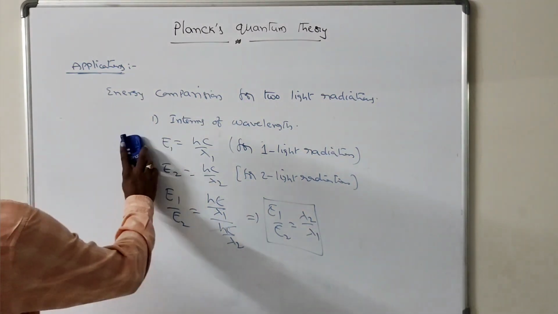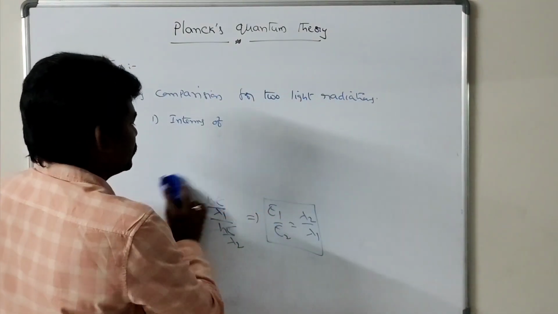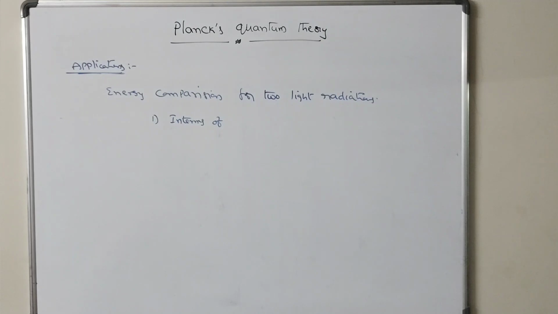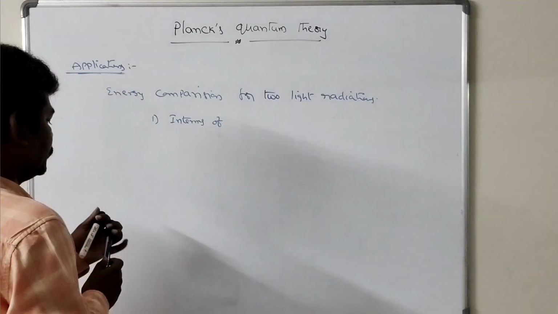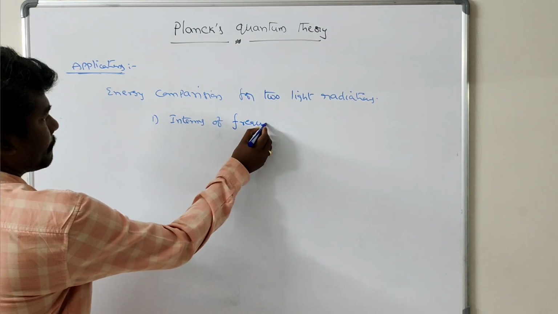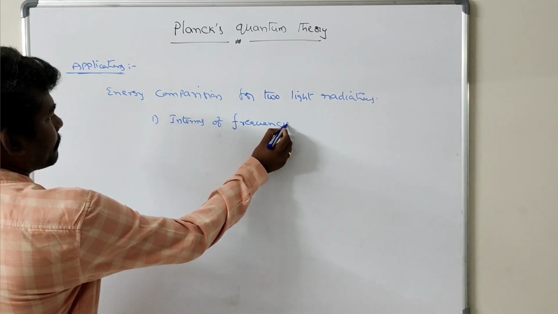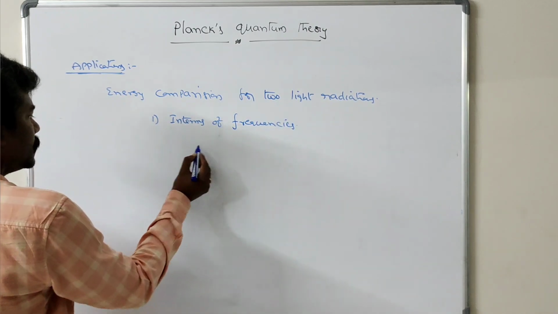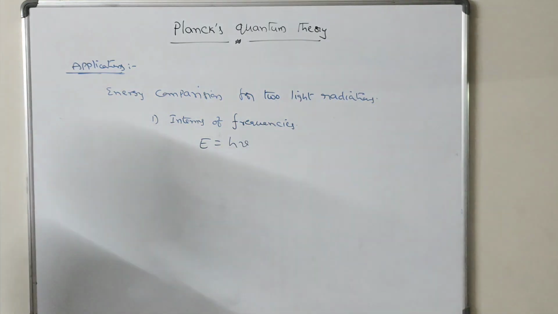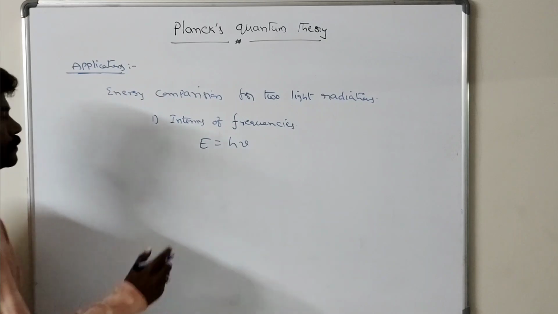And the second one is in terms of frequency. We know from Planck's quantum theory, E is equal to h nu.